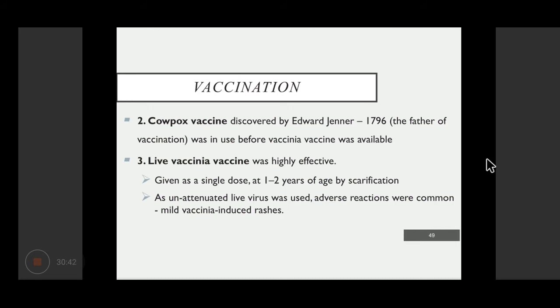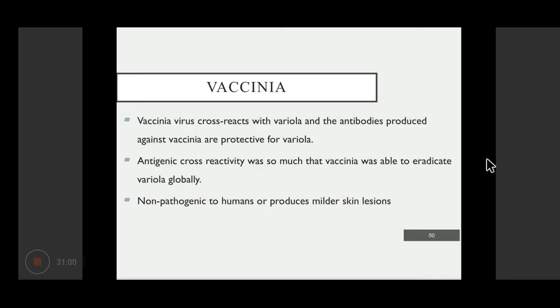But the vaccine that was used was the live Vaccinia vaccine. It was a different virus, as you know, the Vaccinia virus, and it was given as a single dose after 1 to 2 years of age by scarification. The Vaccinia virus cross-reacts with variola, and the antibodies produced against Vaccinia are also protective against variola.